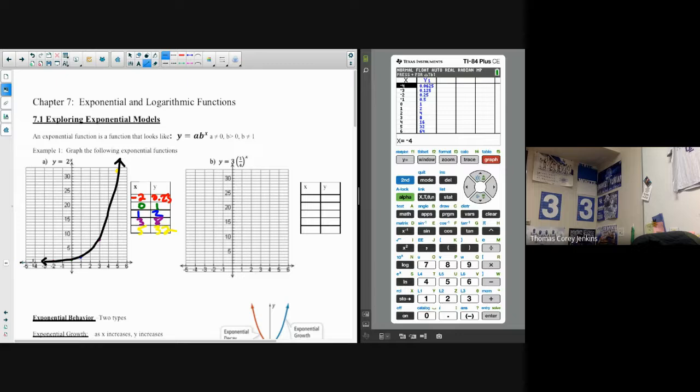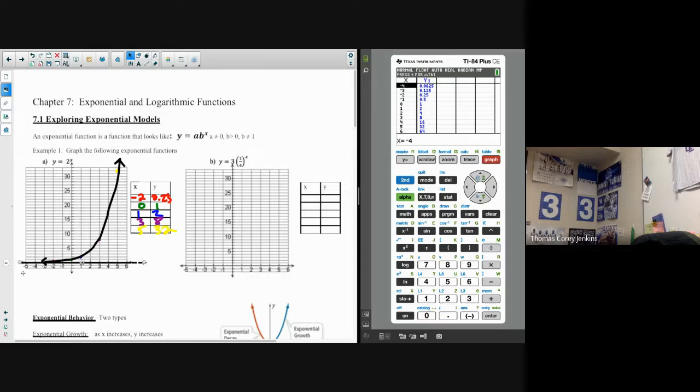So your asymptote in this case would be, sorry, I meant to make that a dotted line. Your asymptote would be the x-axis. Okay, so you would include that on your graph. It's an imaginary line that this is never going to cross.